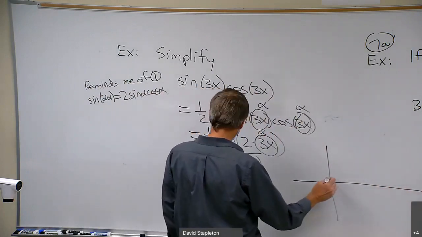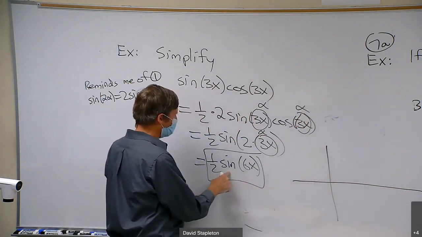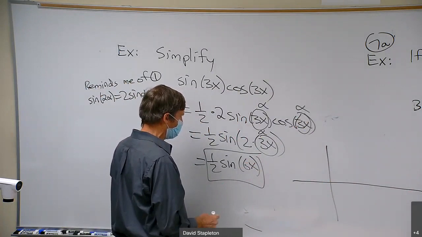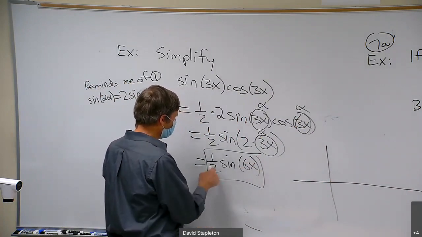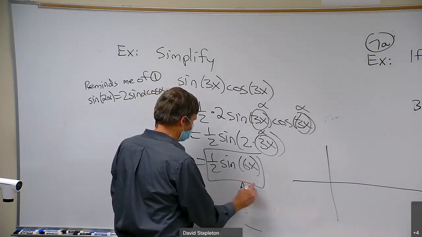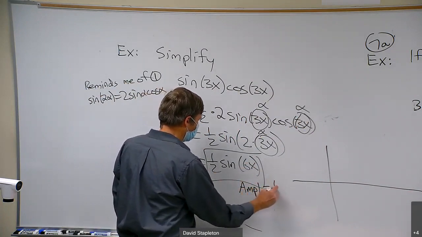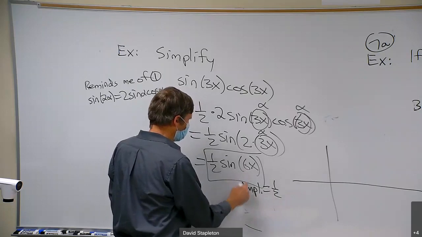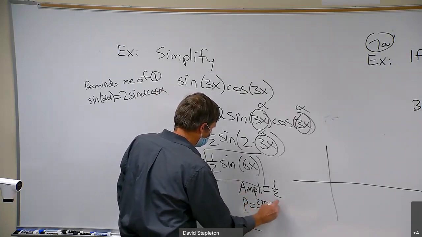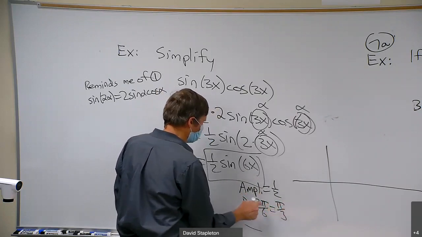Too full of puns here. This is an a sine bx minus c plus d, and c and d are 0, so there's not even a shift. The shift point is 0. This has amplitude 1/2, the absolute value of a, and it's unflipped. And the period is 2 pi over 6, which is pi over 3, since the period is 2 pi over b.